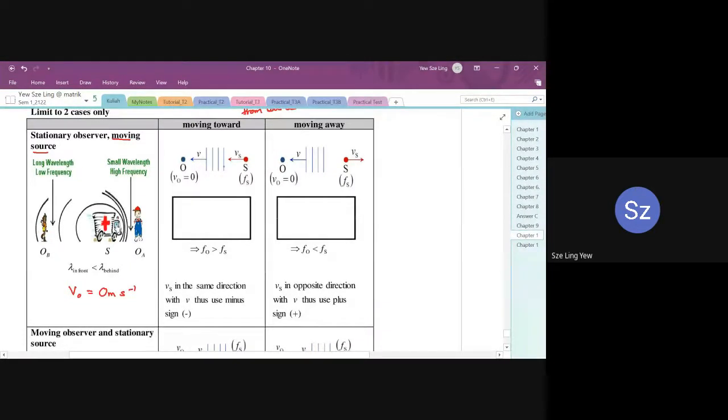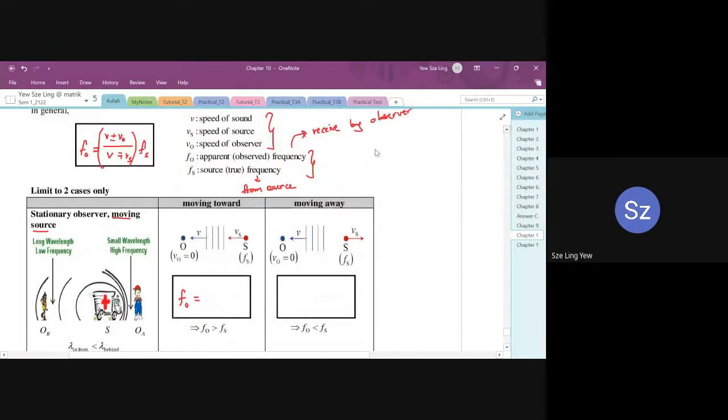Let's see how we are going to form the equation. The equation that we use here: observed frequency is equal to... now your Vo is 0.